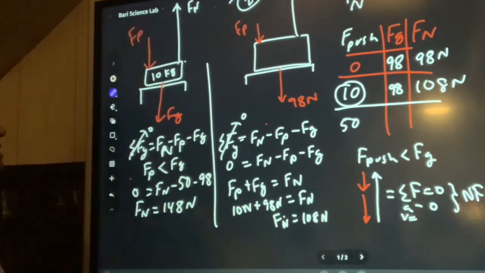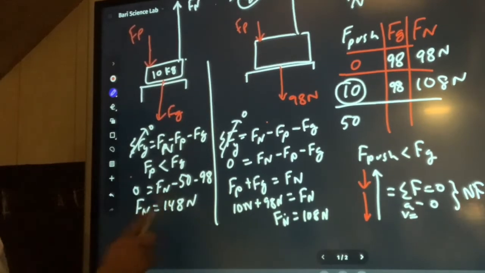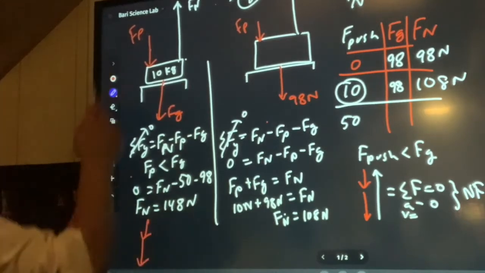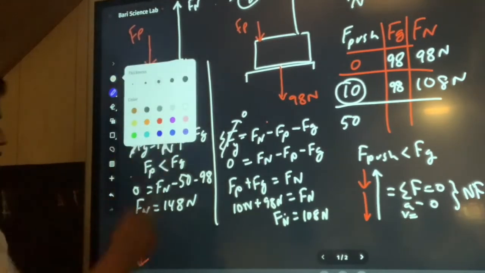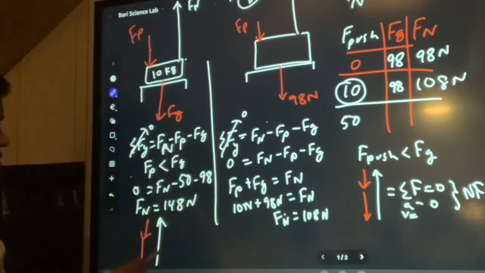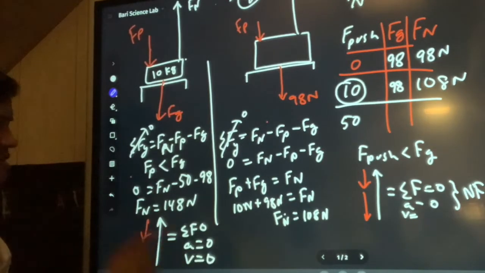So now I see that I have two downward, the red, one red and two red, two downward, and I have one upward, and I think they are equal in magnitude, opposite in direction, making the net force 0, making the acceleration 0, and making the velocity 0.